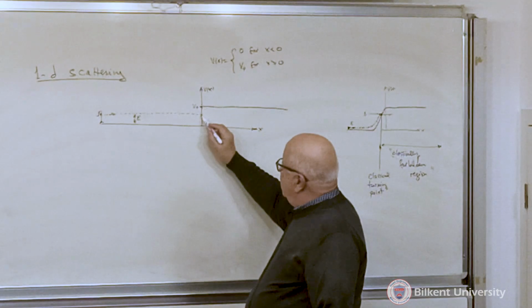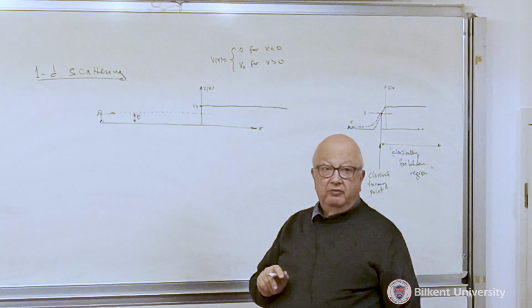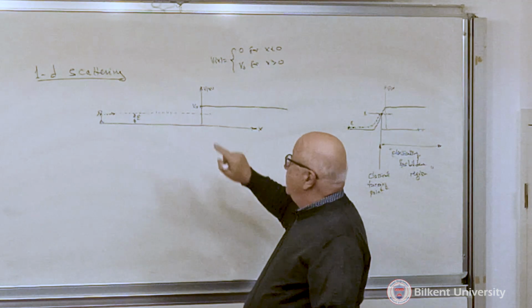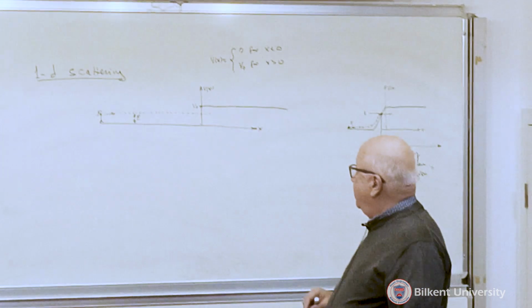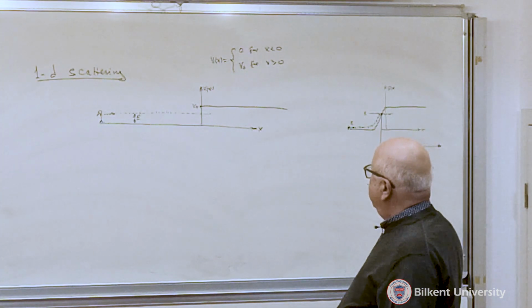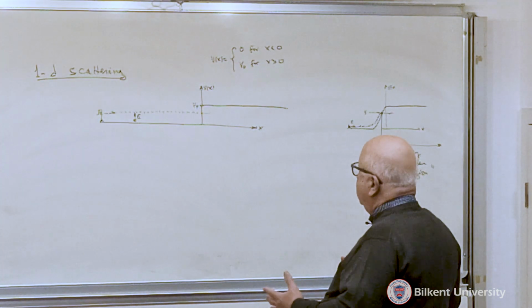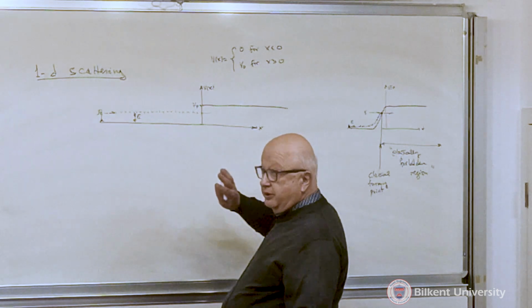Now we'll see that there will be a probability of finding the particle in this classically forbidden region. So it will sneak into the classically forbidden region, and we'll find some probability of finding the particle there. That will have consequences.